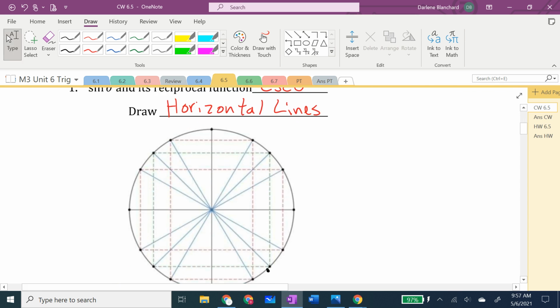So for example, if I tell you that the sine of theta is equal to root 2 over 2, and then I ask you, what angles is this true for? What angles solve this equation?